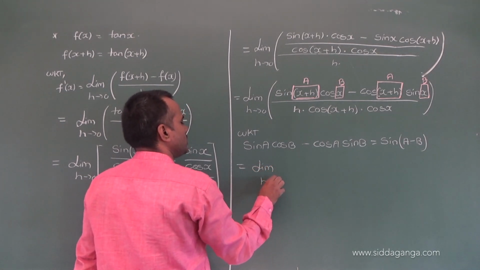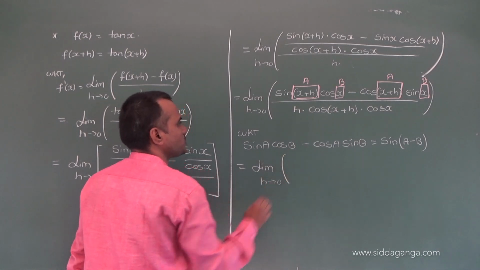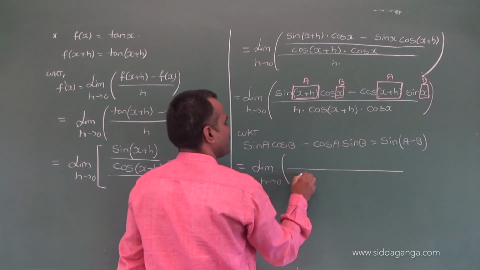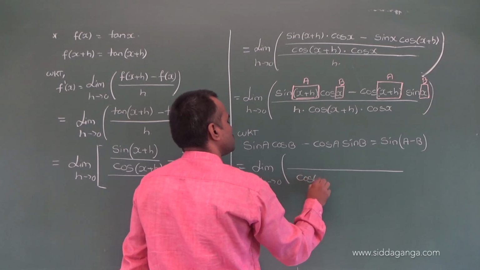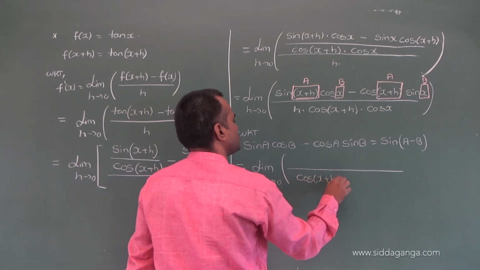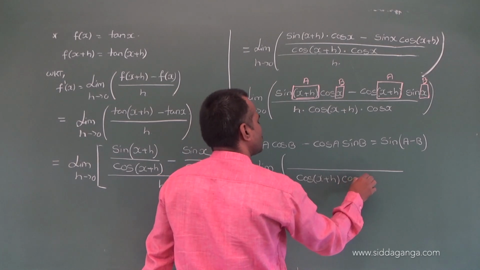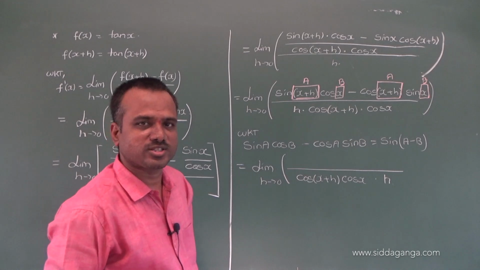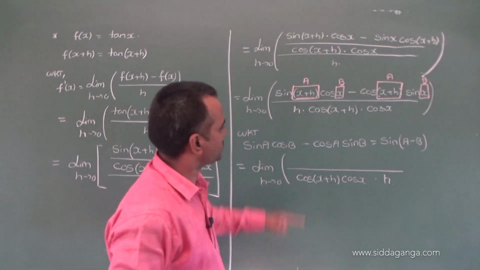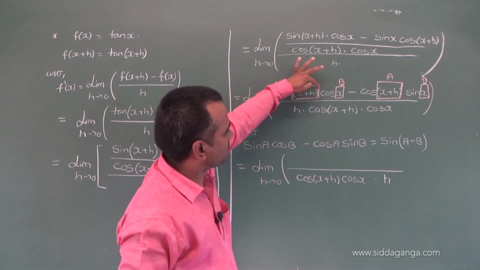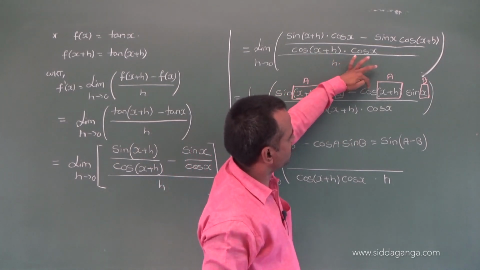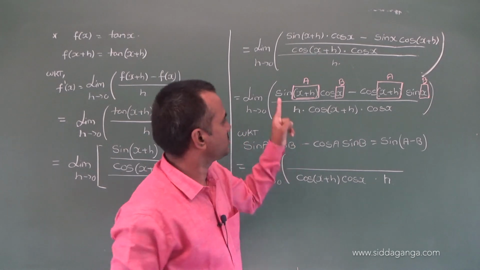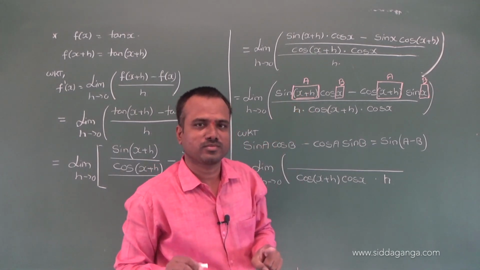Sin of A minus B, that is equal to limit h tends to 0, denominator we write as it is, cos x plus h into cos x into h, and numerator sin A cos B minus cos A sin B. Angle A is x plus h, correct?